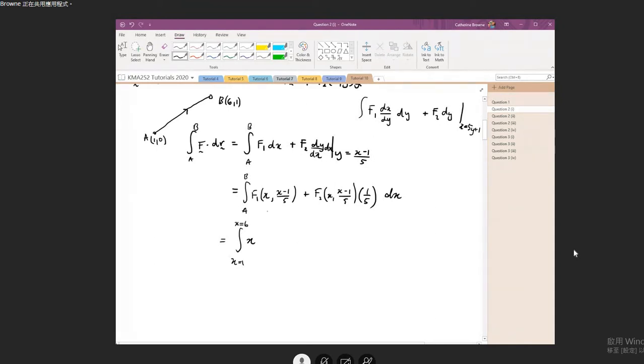And so f1 was x, and then plus 1 on 5, and then f2 was just y in my case, so it's (x minus 1) on 5 dx.